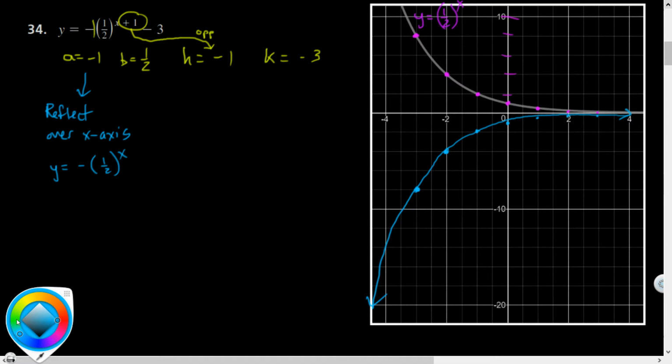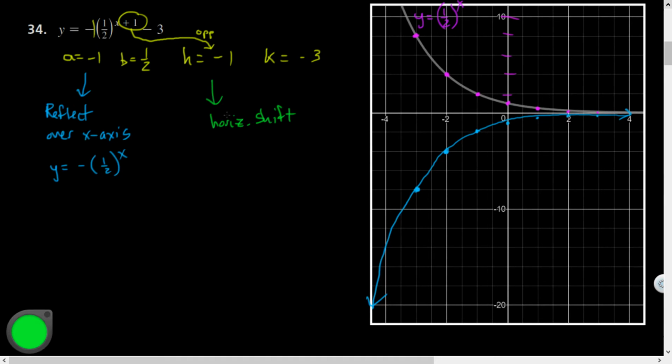But now I'm going to translate again. I'm going to do a horizontal shift. Let's see, left 1 unit. Right, in the negative direction, that's the left. And I already took care of the opposite thing when I defined what h was.